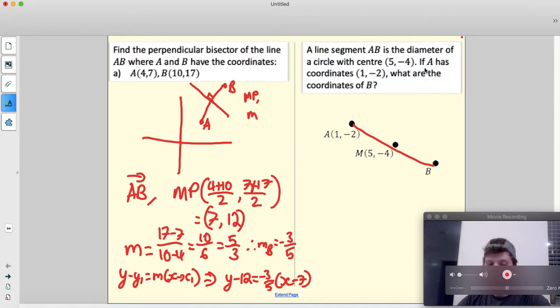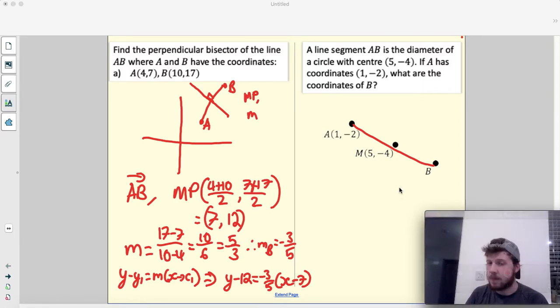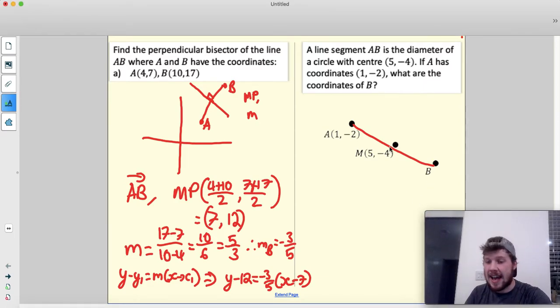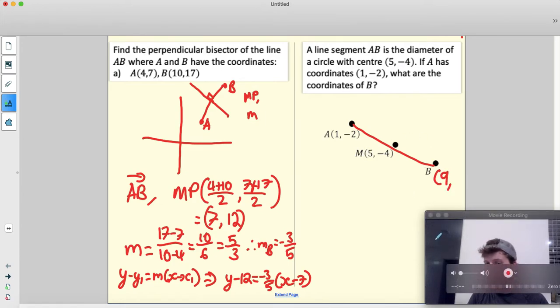If it's a diameter, whatever I do to get from A to the centre, I'm going to have to repeat to get to point B. So from point A to the centre, my x-coordinate increases by 4. Therefore, from point M to B, my x-coordinate must also increase by 4, so this must be 9.